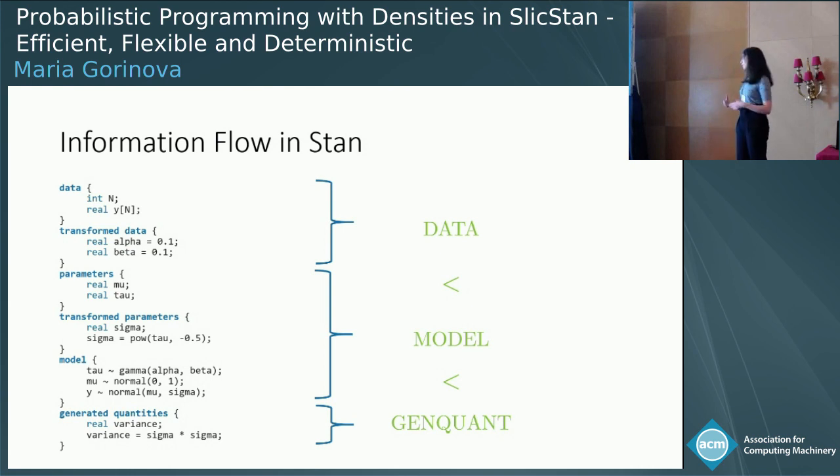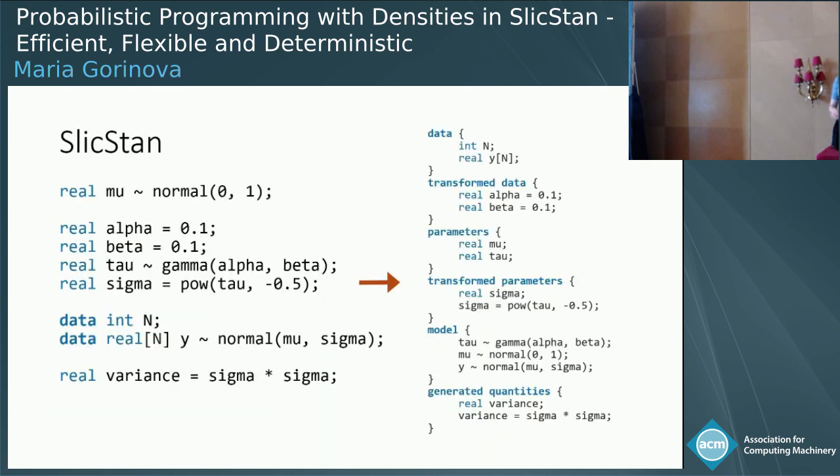Because the Stan blocks appear sequentially in a particular order, and variables can only access whatever has been defined previously, we really have information flowing from data through model to genquant, and we can use this lattice of 3 information flow levels to design a language which is more compositional. And that's how we came into designing SlicStan, which really is a blockless Stan. It has nothing else that's different about it.